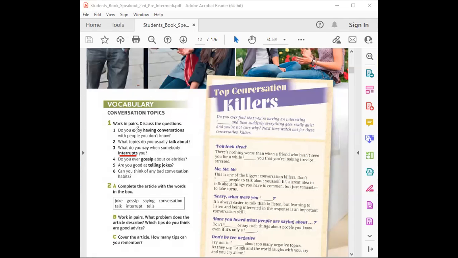So, do you ever gossip about celebrities? Do you know the meaning of gossip? No. To talk about someone in a bad way when he or she isn't here. Did you understand? Yes. So, do you know celebrities? No. Famous people. So, do you gossip about celebrities or not? No. Okay.